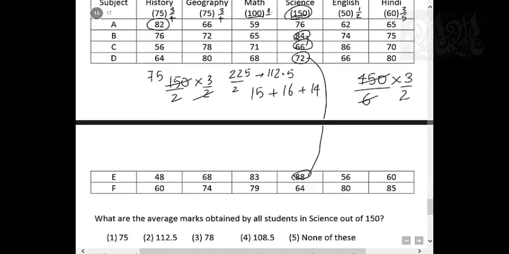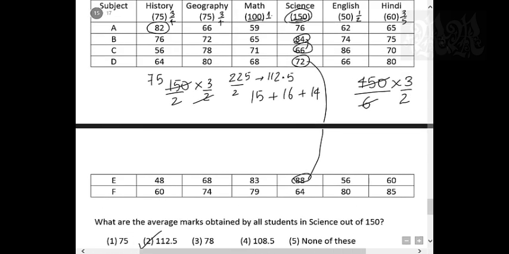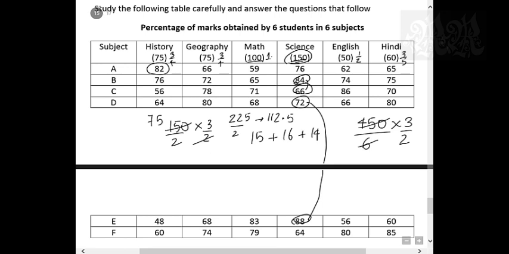This is the average mark, and that's the answer. It hardly takes you 20 seconds. Prerequisites: one, you know the multiplier; two, you know how to add, and really fast. As simple as that.